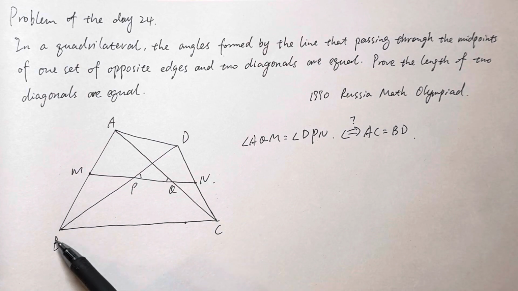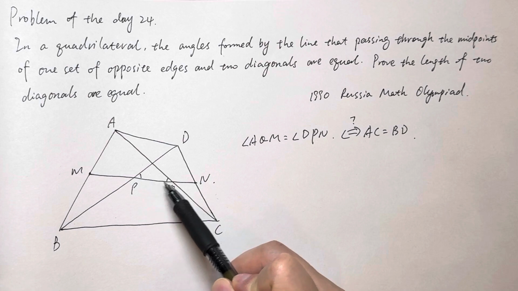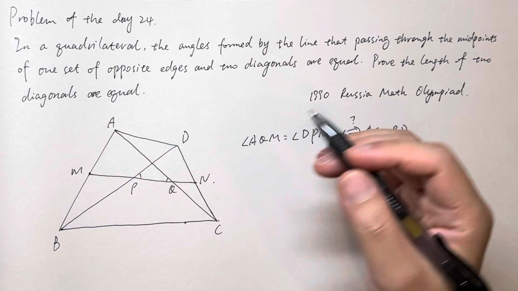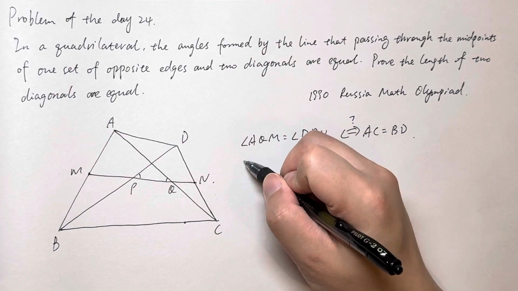And we want to prove that BD equals AC. So we have to figure out a way to use this isosceles triangle. Okay, so we have two solutions. I'll talk about two solutions here.